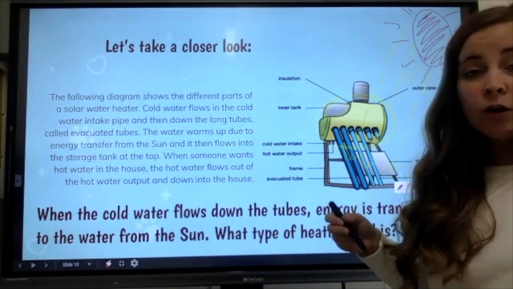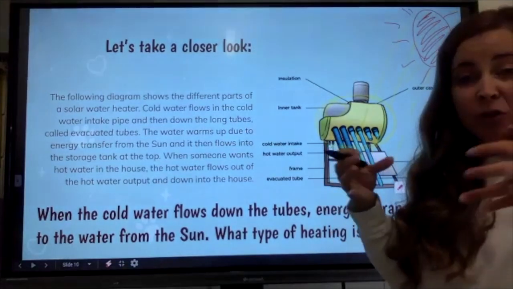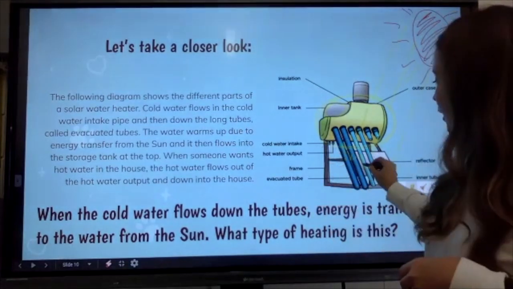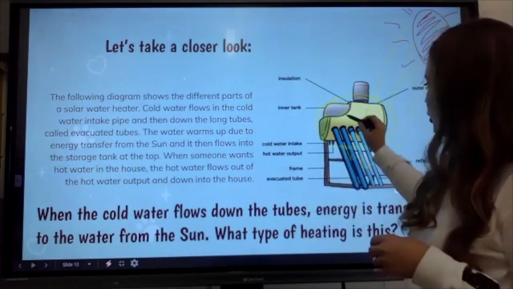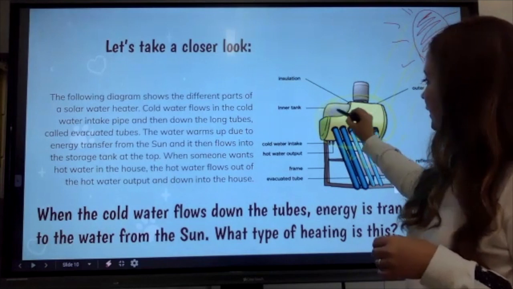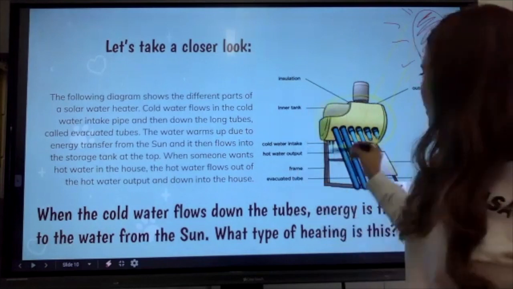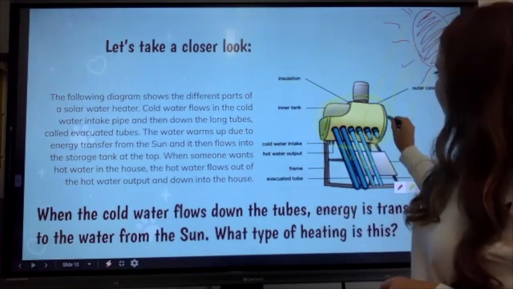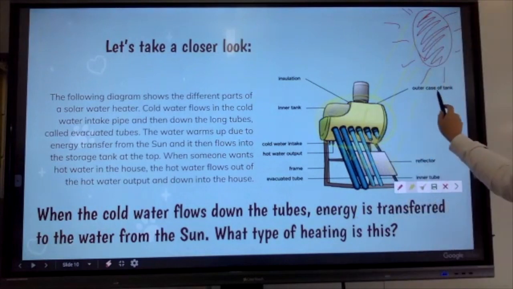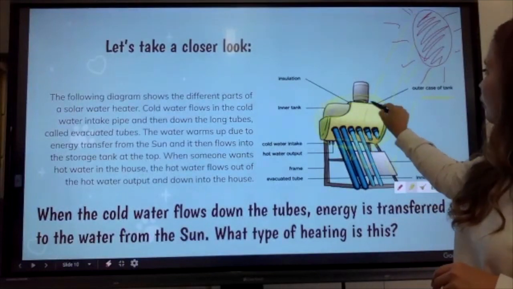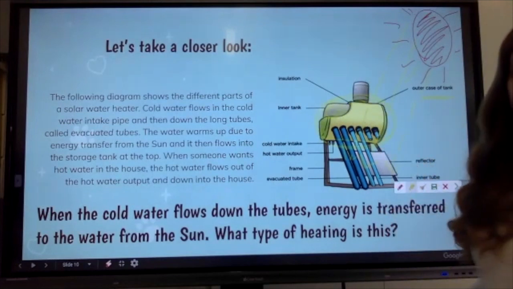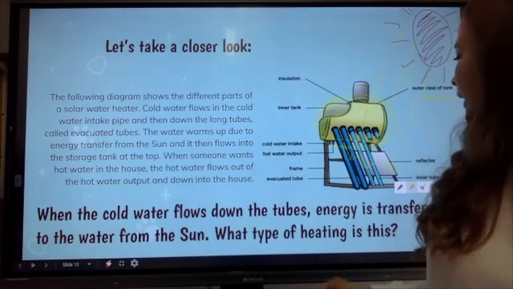But in order to keep the energy inside, it is wrapped in an insulative outer case. So the outer case is an insulator. So we have either styrofoam or plastic here wrapping a metal inner tank. So you've got double layers.